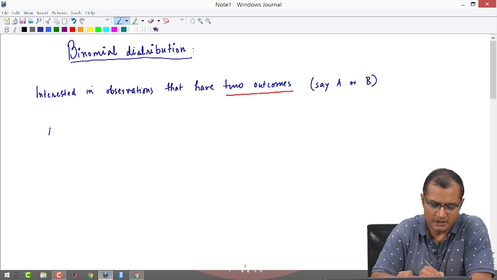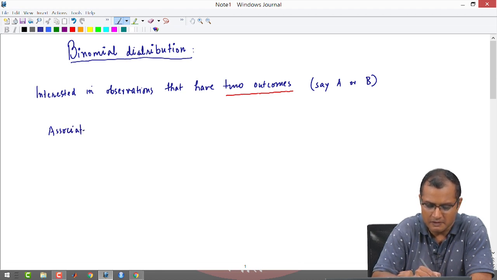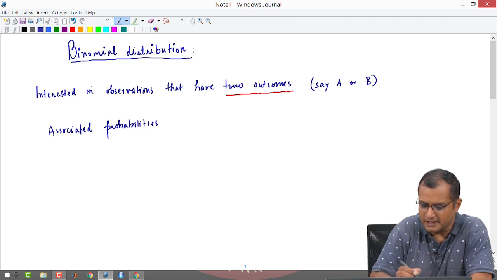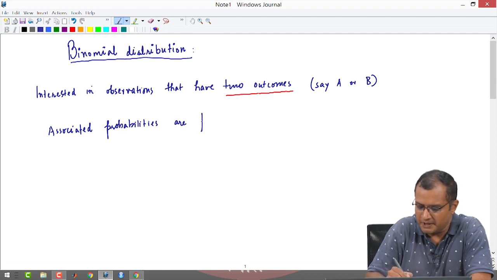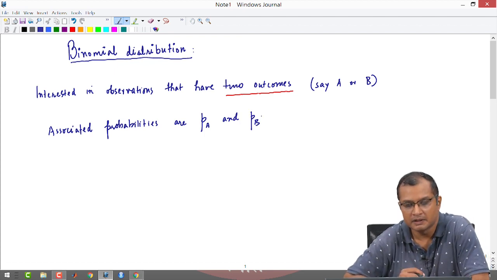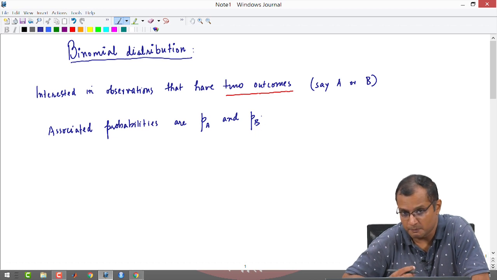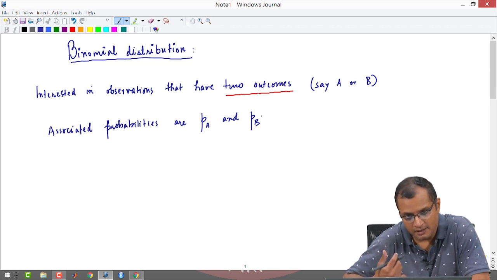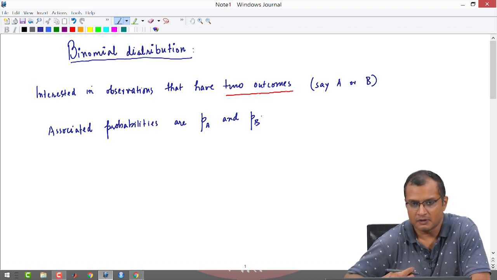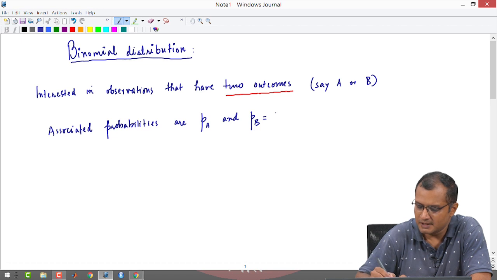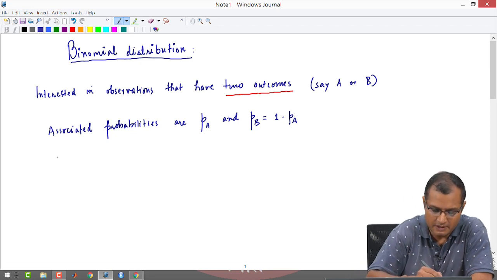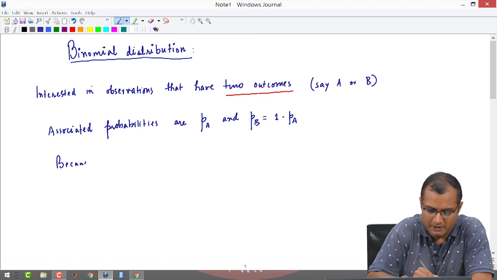Now, associated with these events, there are probabilities which I am going to call P A and P B. So, the probability of getting an A is P A. If I toss a coin which is unbiased, then the probability of getting a head, let us say, is P of A, then the probability of getting a tail is P of B. Now, since there are only two outcomes for a coin toss, I can say that the probability of getting B is 1 minus P of A, because I want the probabilities to be well behaved.